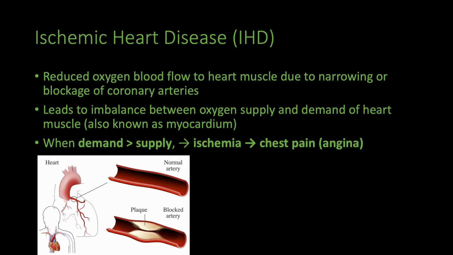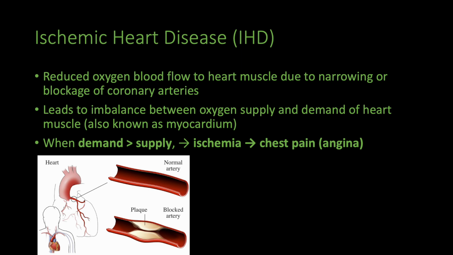Ischemic heart disease essentially is where there's a reduced oxygenated blood flow to the heart muscle. This is because of a blockage, as you can see in the diagram, where plaque builds up in the artery and prevents blood from going to the heart muscle.